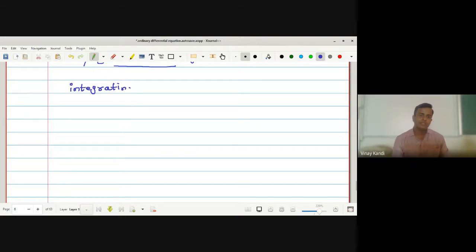Integrating equation 5 from x naught to x, we get uk is equal to uk dash.